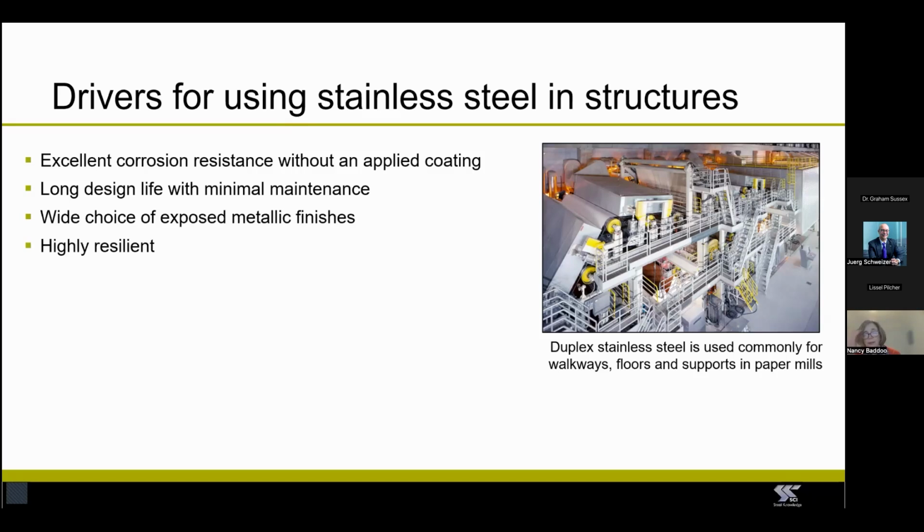The fourth reason is because of the high resilience of stainless steel. I'm going to show you some of the mechanical properties of stainless steel. So you'll realize that it's a very useful metal for structures like blast resistance, perhaps blast walls on offshore platforms, for lock gates and barriers.